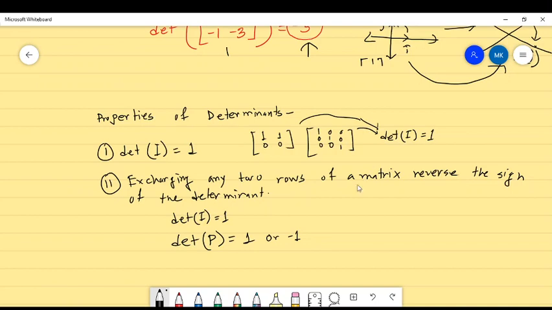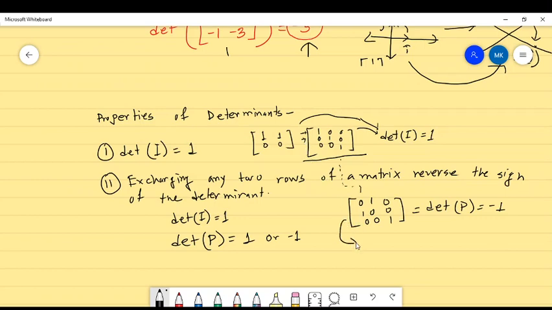Let's see an example. Let's say you initially have the identity matrix, and from this matrix you come to 0 1 0, 1 0 0, 0 0 1. The determinant of this permutation matrix is negative one because you have changed the first and the second rows.